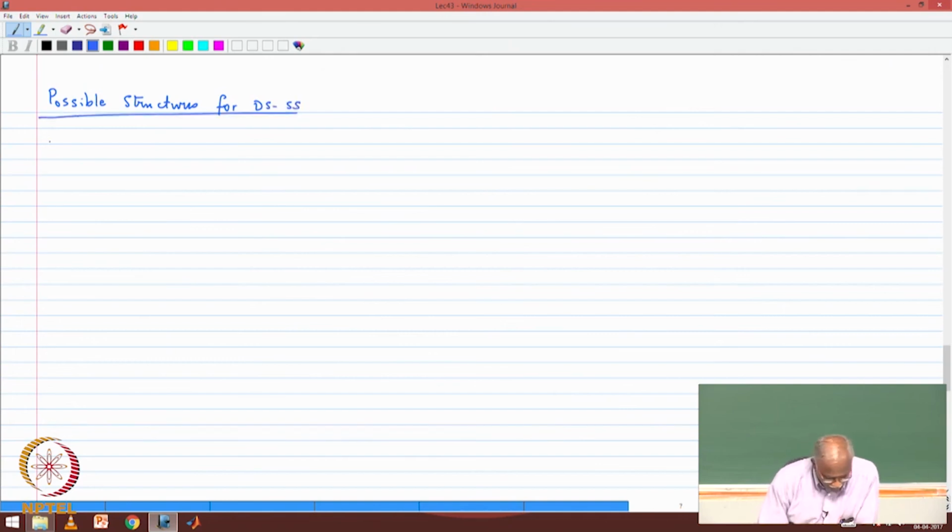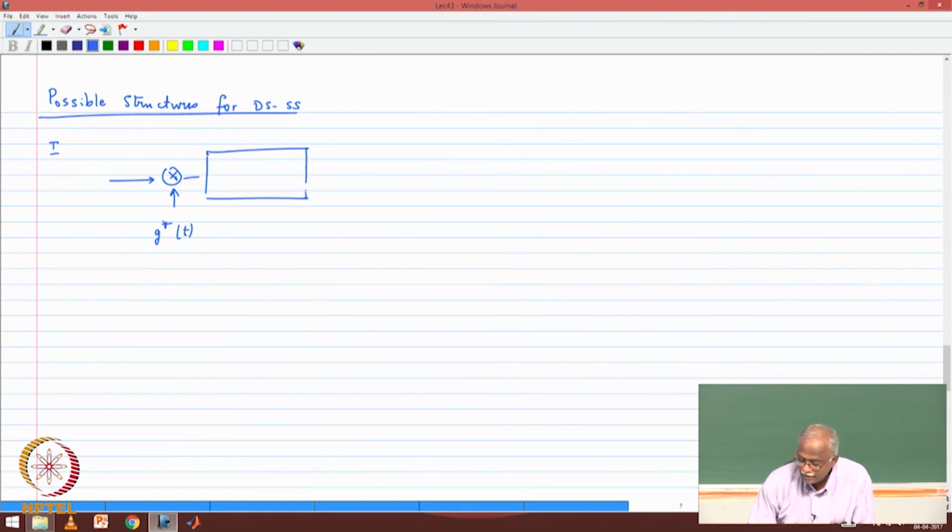Of course, we said that the matched filter approach is the way we are going to do it. Take the received signal and multiply it with g*(t), which is basically one symbol long. After that, it is followed by an integrator from 0 to T, again one symbol duration.